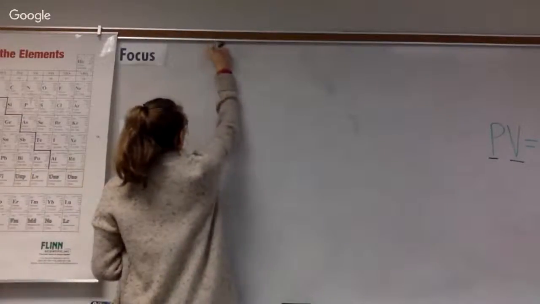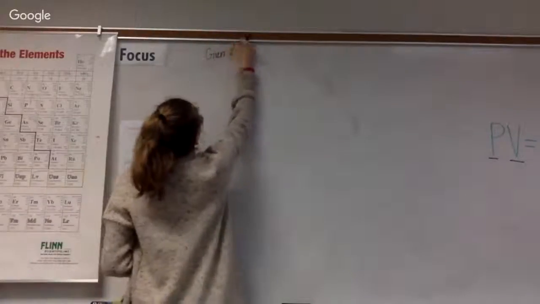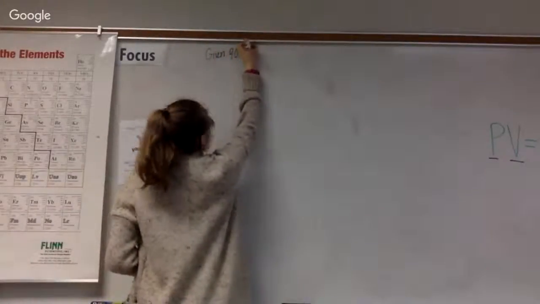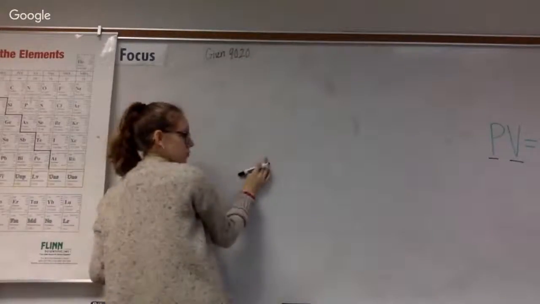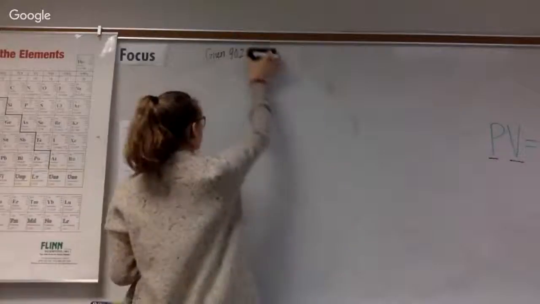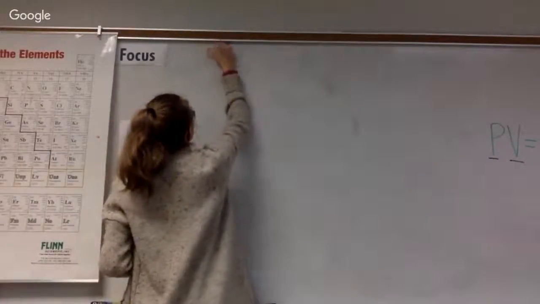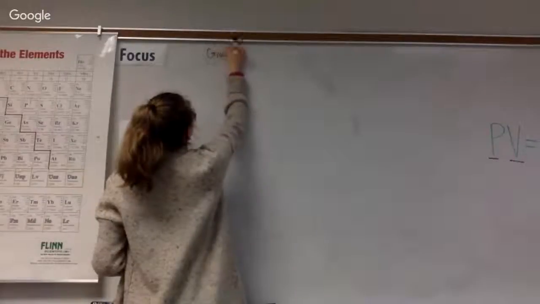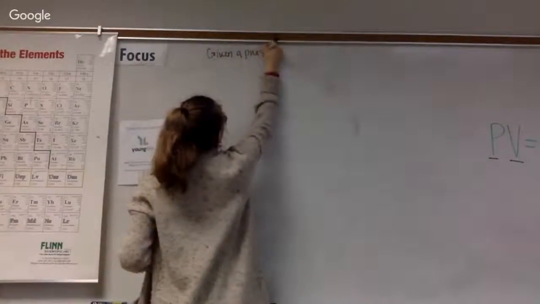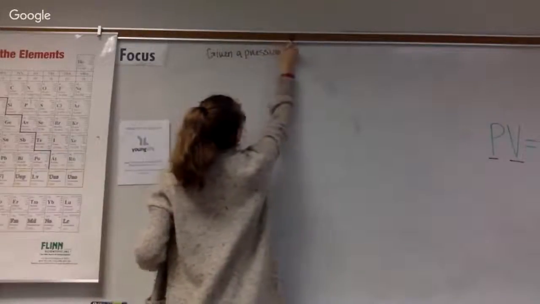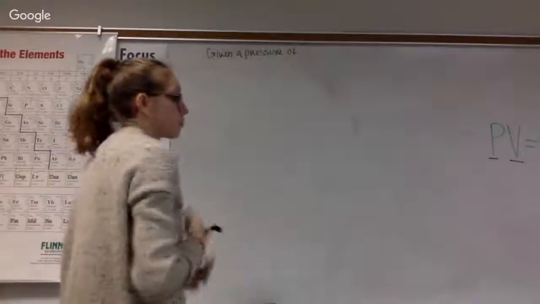Given 920.0 torr. Let's just erase it. We'll start again. Okay. Given a pressure of 920.0 torr, it's the same thing, but if you ever see they might just give you a bunch of numbers and not tell you what the variables are. So do you realize if I give you torr, isn't that pressure?